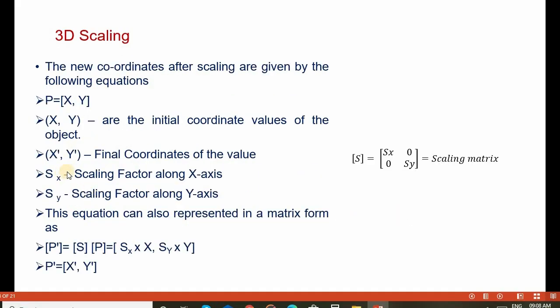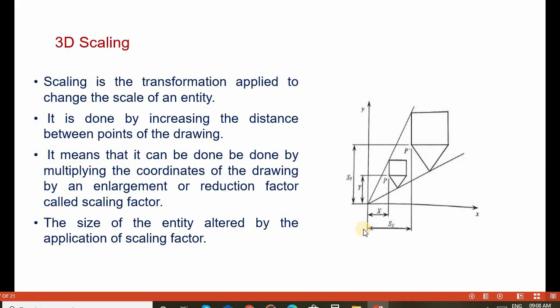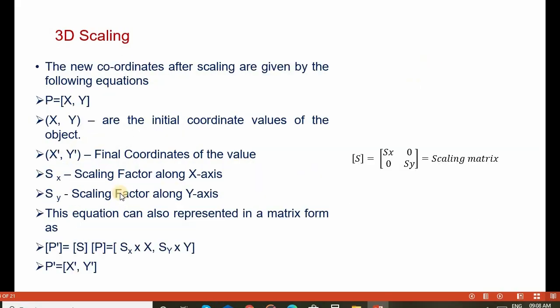Here Sx is the scaling factor along the x-axis and Sy is the scaling factor along the y-axis. By multiplying the scaling factors with the original points, we get the new enlarged object or image. The equation can also be represented in matrix form.